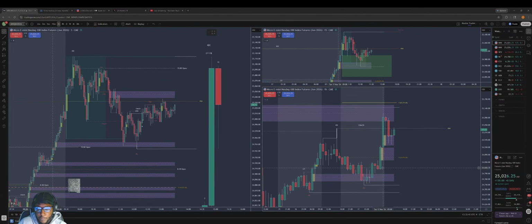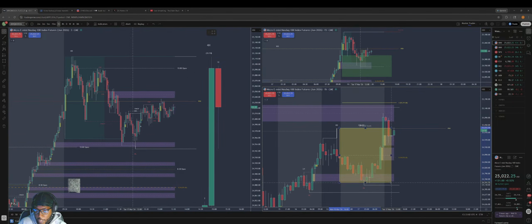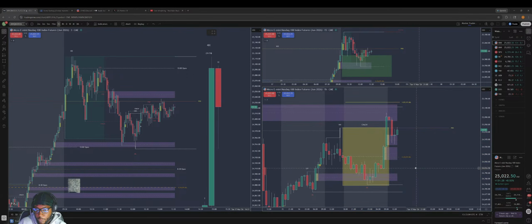So, the bottom right corner is the hourly time frame. Let me see if I can shade this out. I don't know why that did that. Okay, the candles in this yellow shaded box are the overnight price action.